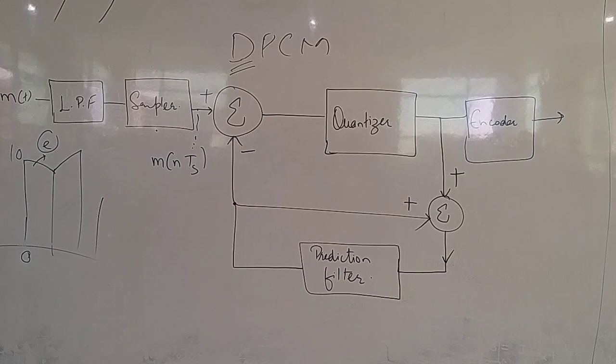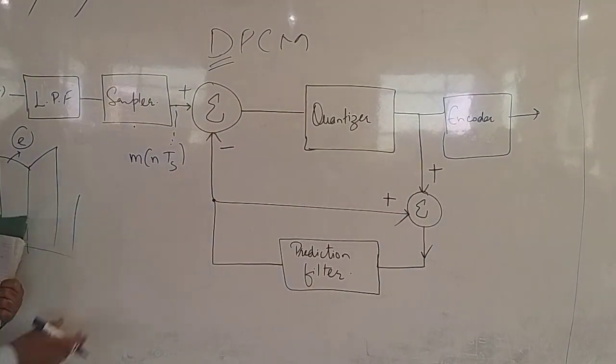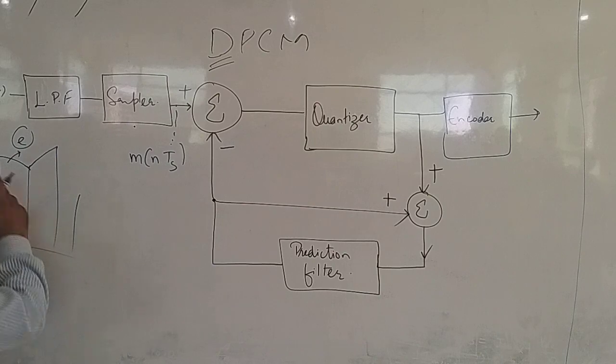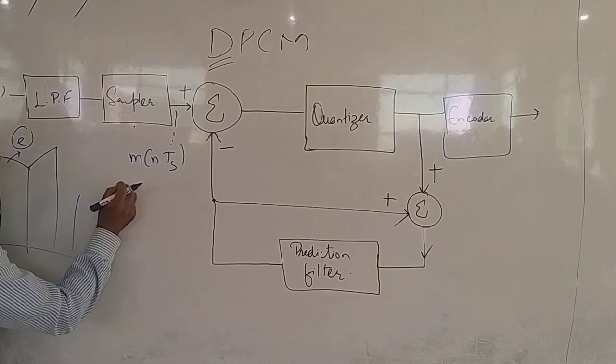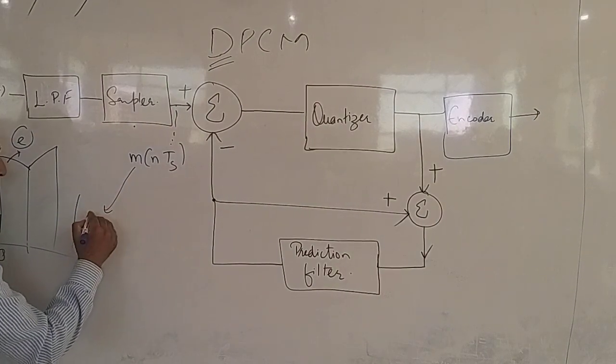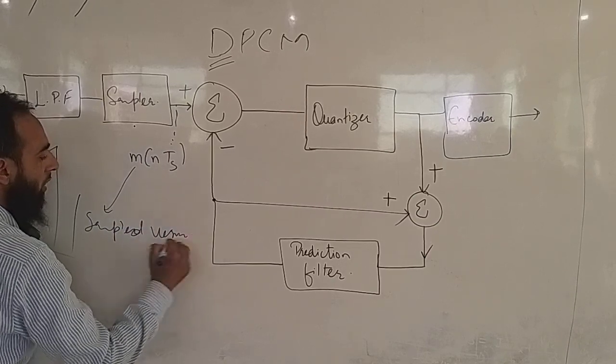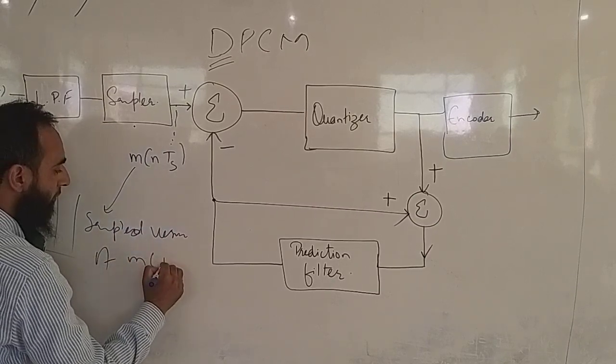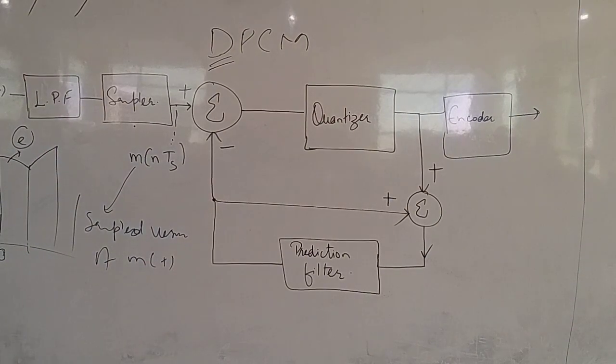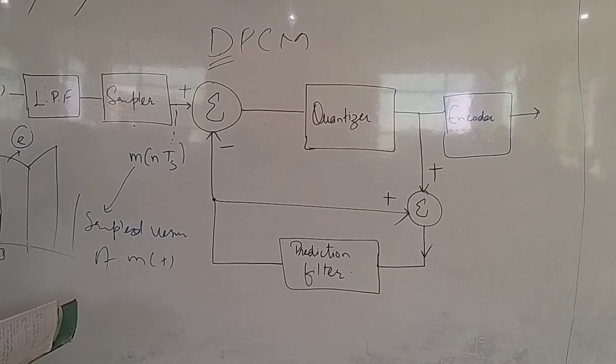Because आपको जो signal होगा वो अब इससे represent किया जाएगा, which is the sampled signal. यहाँ पे लिख लीजिए नीचे, where m of nT_s is the sampled version of m of t.